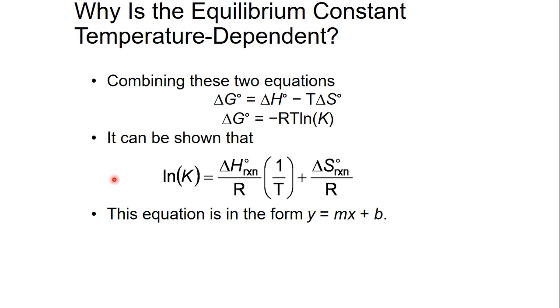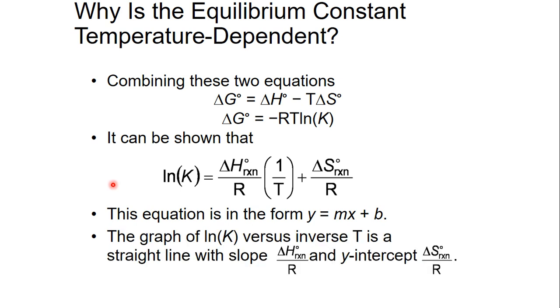This equation looks like y equals mx plus b. And so you can graph this. ln of K would be your y, 1 over T would be your x. Your slope is delta H over R, and your y-intercept is delta S over R.